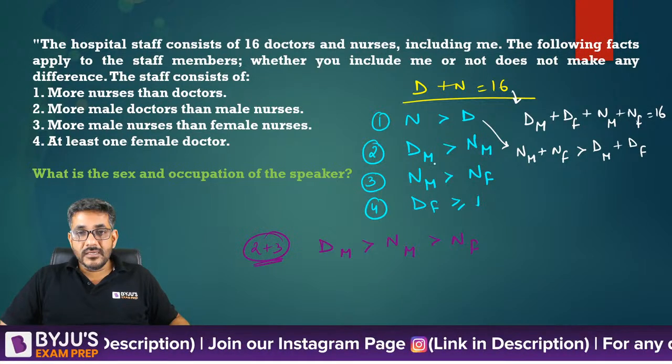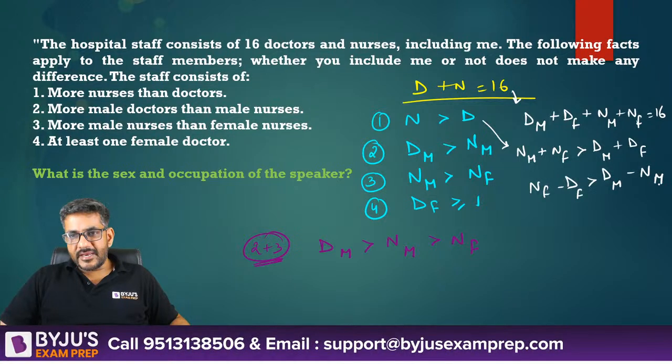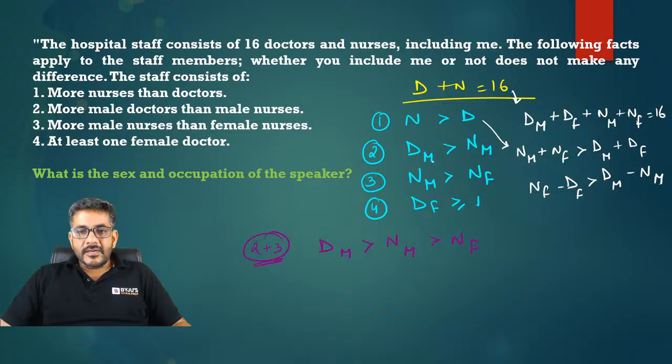DM is greater than NM. अगर मैं NM को उधर ले जाऊं तो can I say NF minus DF is greater than DM minus NM, right? NF minus DF is greater than DM minus NM. Why am I writing this? DM is greater than NM. Male doctors are more than male nurses.